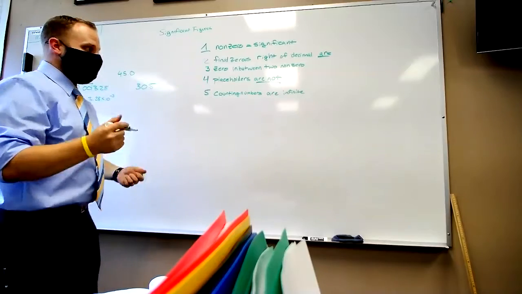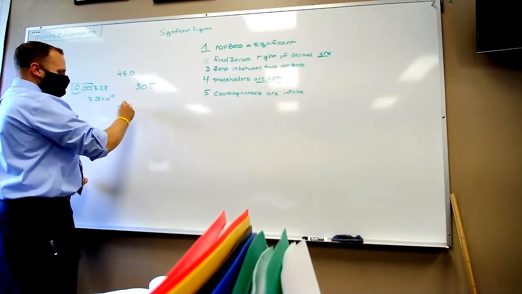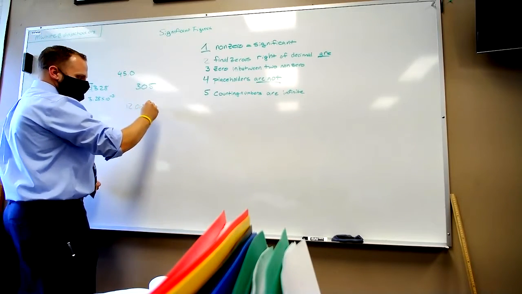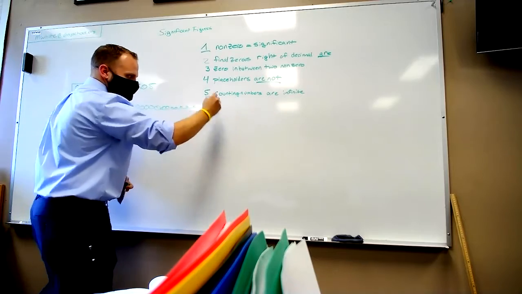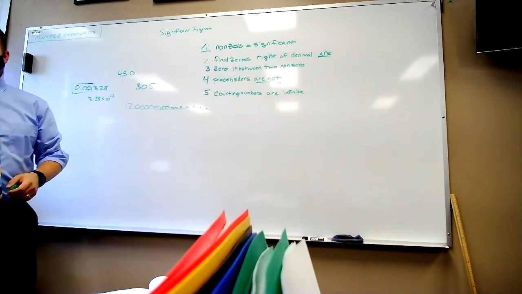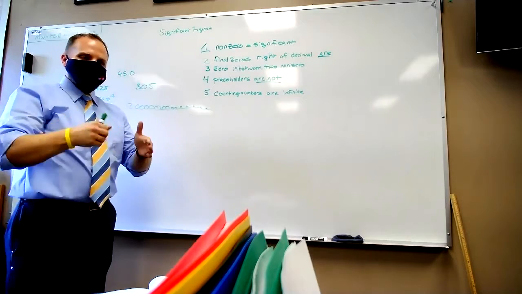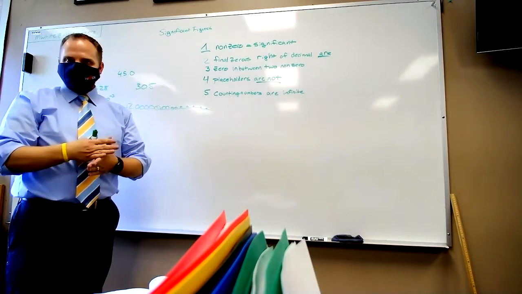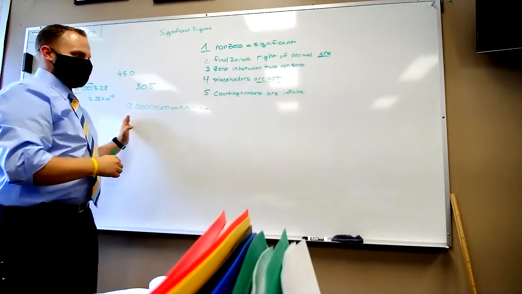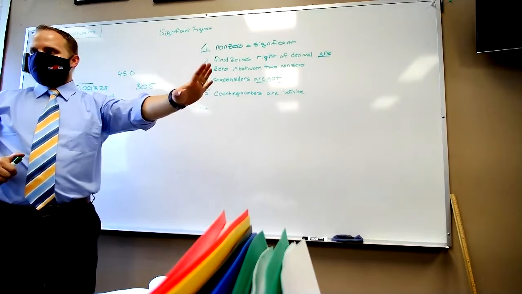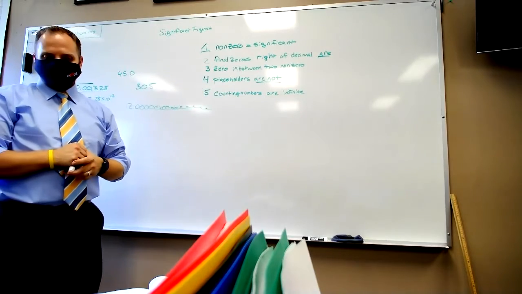So technically, 12, 0, 0, 0, 0, 0, 0, 0, 0, all the way out through infinity. So if you have counted a specific number of items, that actually has an infinite number of significant figures.